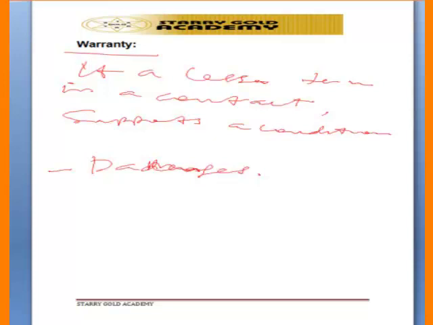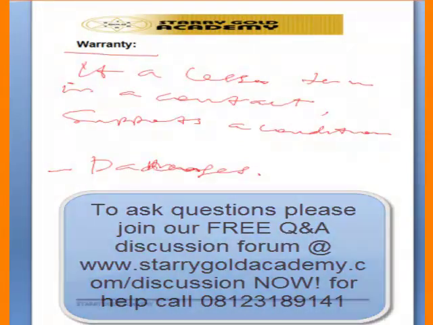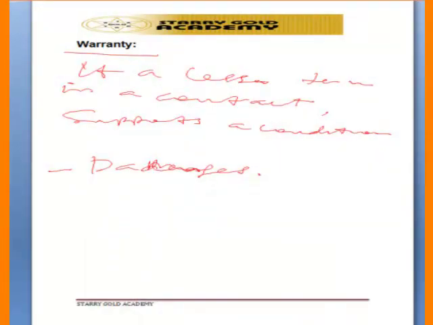And warranty occurs where a particular term of a contract has been breached. But sometimes it happens that the party at fault is able to perform its role or is able to supply what is supposed to be supplied, but there are still some terms in the contract that he is unable to meet. So that will be a breach of warranty.